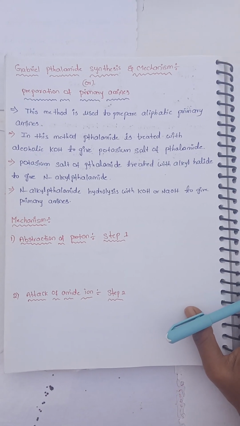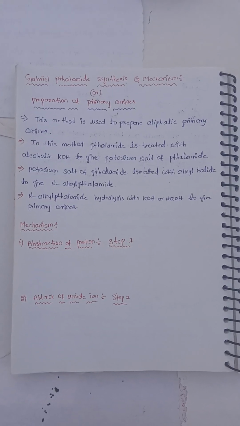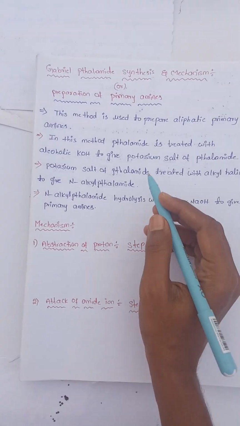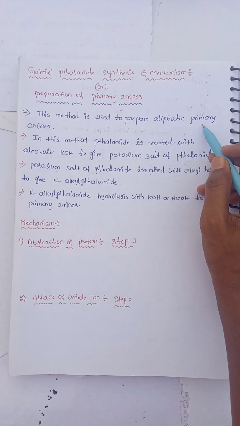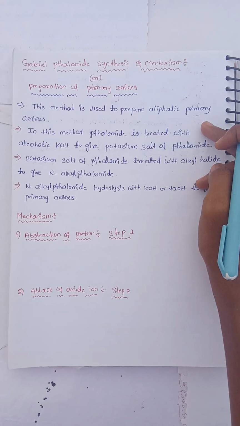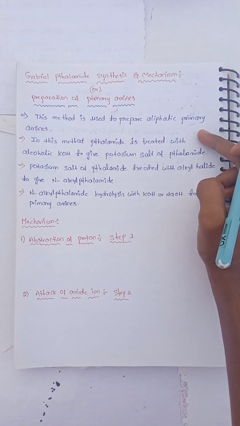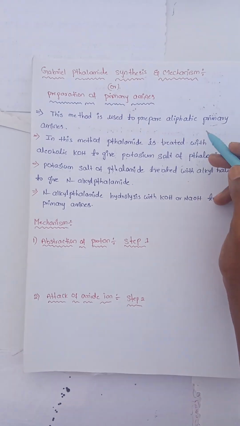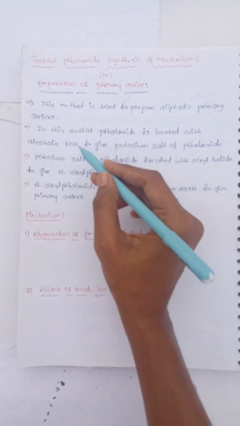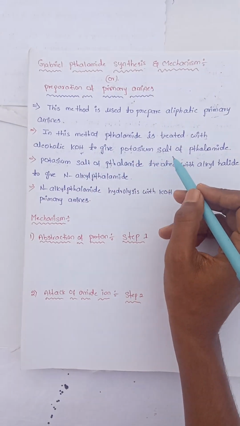Coming to the topic, preparation of primary amines by Gabriel Phthalimide synthesis. This method is used to prepare aliphatic primary amines. In the first step, phthalimide is treated with alcoholic KOH to give potassium salt of phthalimide.